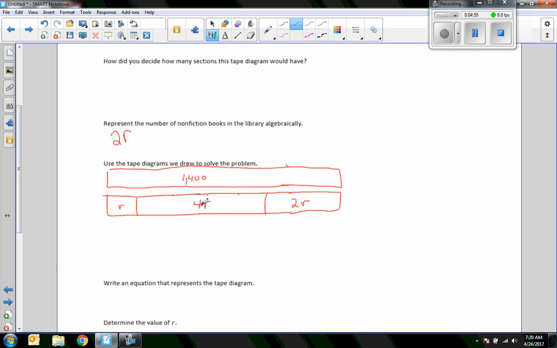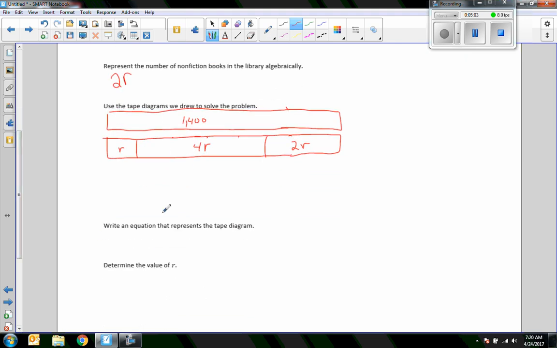So resource plus fiction plus nonfiction equals the total. So now we can write an equation now that we've labeled this, and it would be R plus 4R plus 2R equals 1,400. It says to determine the value of R, so we combine like terms. 1 plus 4 is 5, plus 2 is 7. 7R equals 1,400.